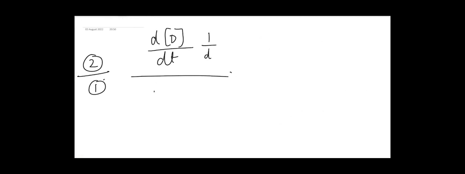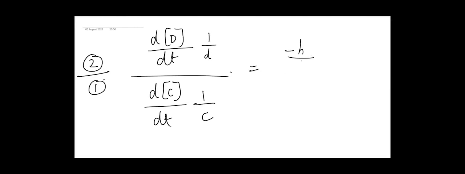So here dc by dt into 1 by c is nothing but h minus h by b and minus k by a. Now here I have actually brought d to the other side, so that is why I am writing only minus h by b, otherwise you have to include d here.